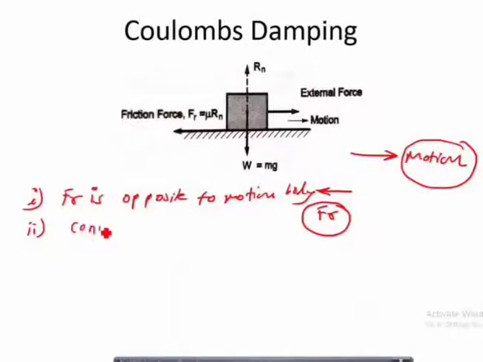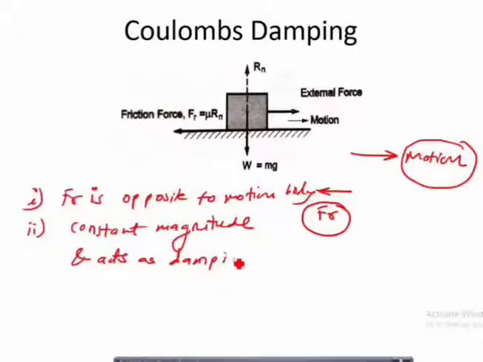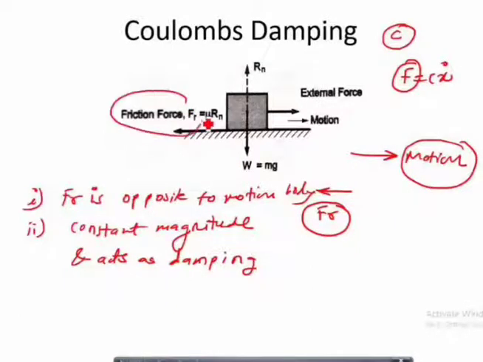Basically, in the last lectures on viscous damping, your damping force was F is equal to C into x dot. F was your viscous damping force and C was your damping constant. In this case, there is no C, or you can say there is no external damper we are providing here. This frictional force Fr itself is acting as a damper, that is, itself acting as a C, right?